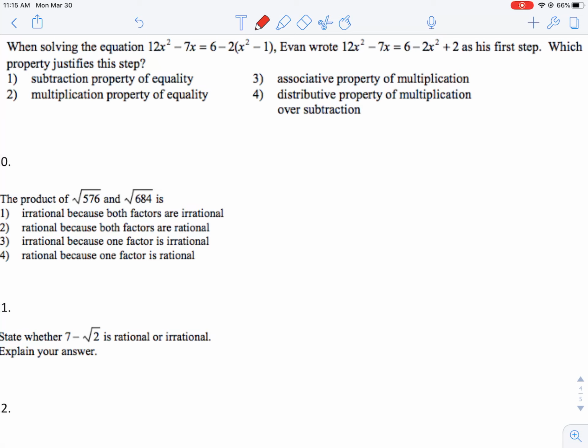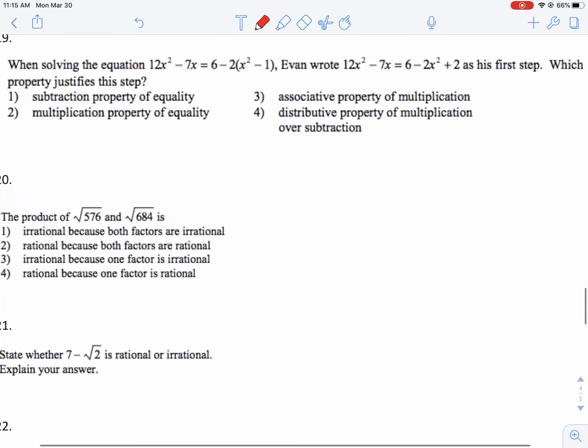When solving the equation 2x squared minus 7x is equal to 6 minus 2x squared minus 1, Evan wrote 2x squared minus 7x is equal to 6 minus 2x squared plus 2 as his first step. Which property justifies his step?